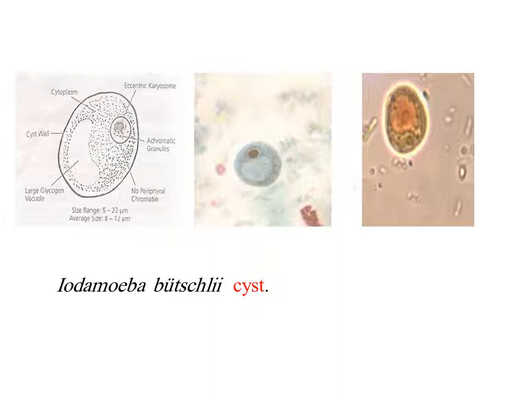There is no nuclear membrane and no peripheral chromatin, whereas the chromatin granules surround the karyosome to form a striation shape, and no peripheral chromatin, as shown in this slide.